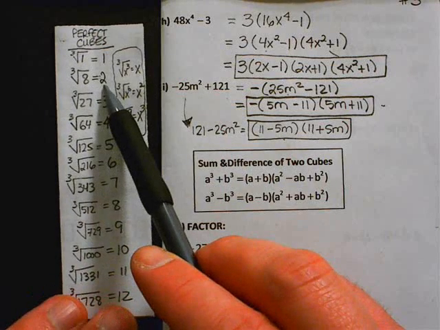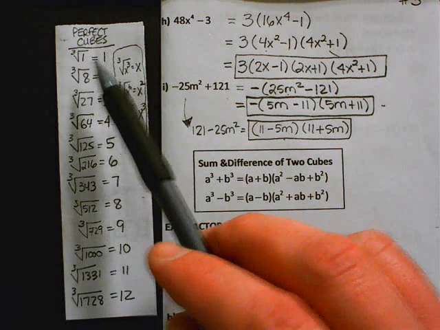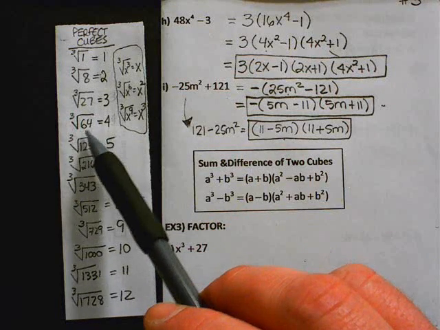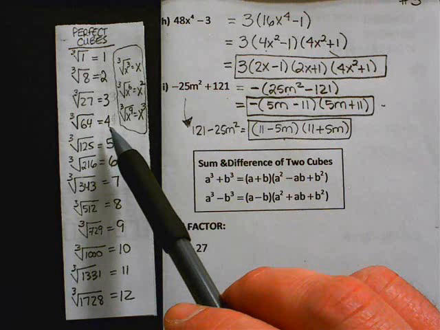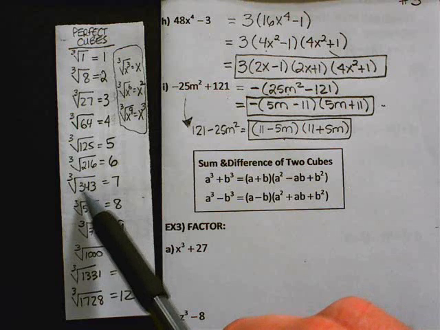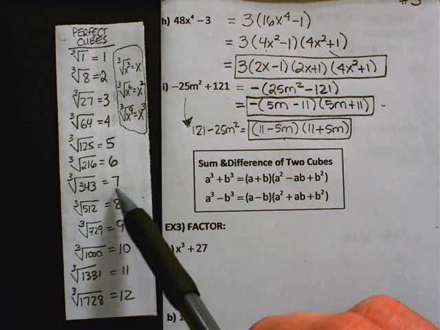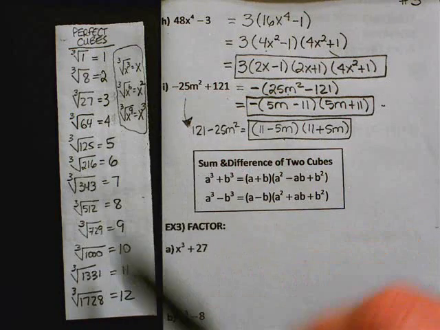So here's a list of the perfect cubes from 1 to 1728. When I take the cube root of 64, for example, I get the whole number 4. The cube root of 343, I get the whole number 7. And so forth.